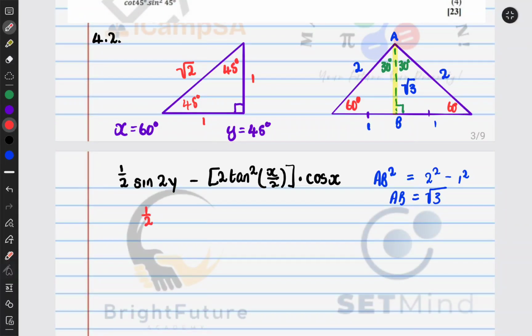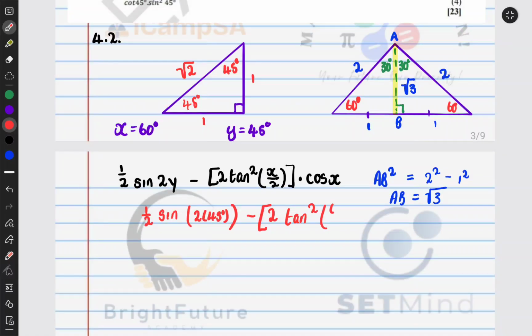So 1 over 2 sine 2y. What is 2y? What is our y angle? 2y is 2 times 45 degrees, close bracket, minus 2 into tan squared x.